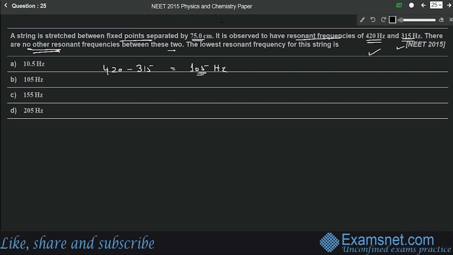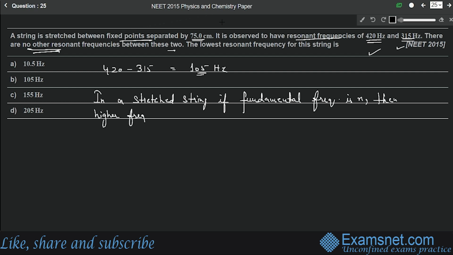And we know that in a stretched string, if the fundamental frequency is n, then the higher frequencies will be 2n, then 3n, 4n, and so on.